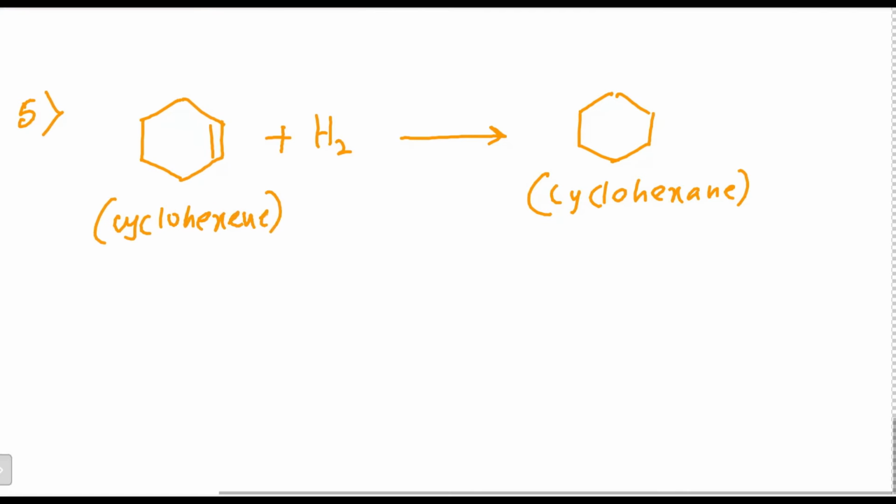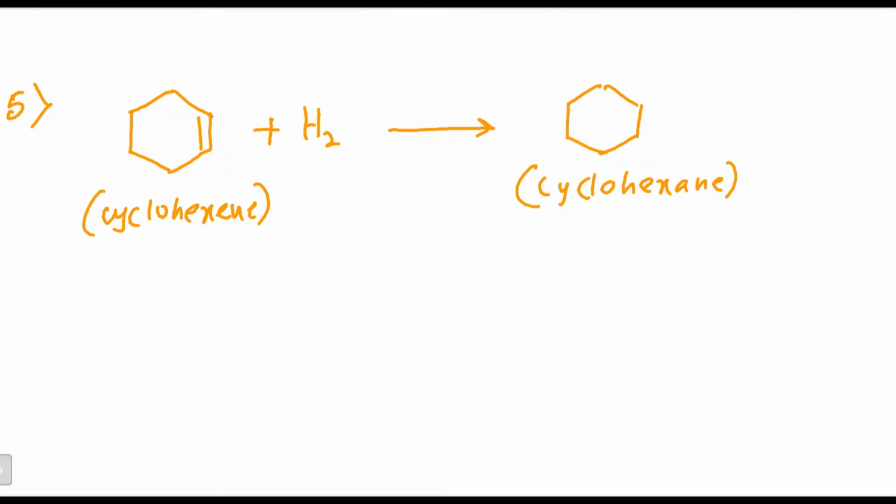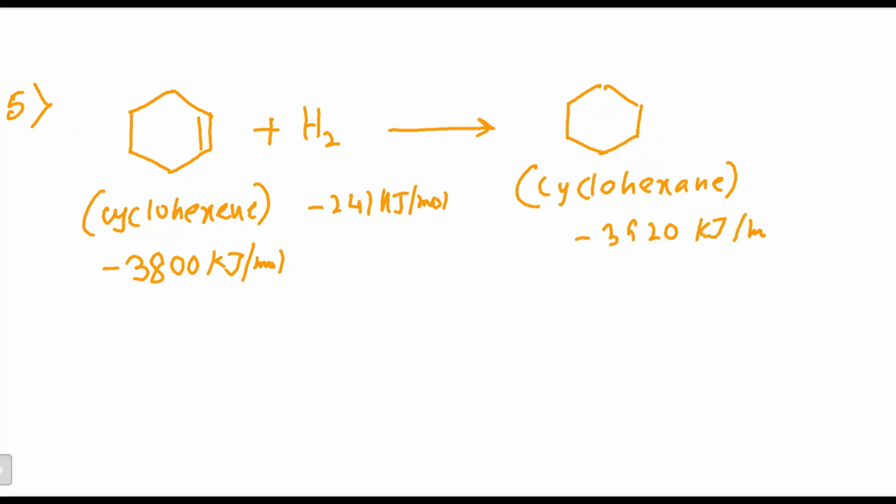For cyclohexene, the value of enthalpy of combustion is minus 3800 kilojoule per mole. For hydrogen, it is minus 241 kilojoule per mole. And for cyclohexane, it is minus 3920 kilojoule per mole.